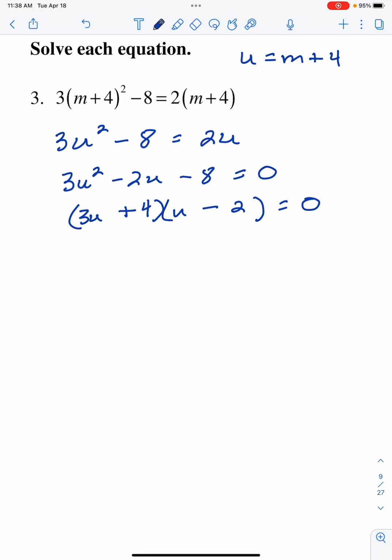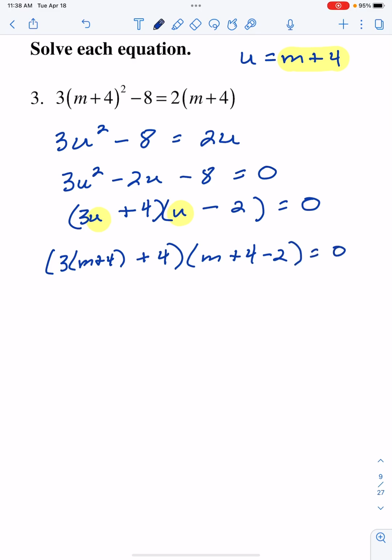Remember, this has to now go back in to where we see u. So we have 3 times m plus 4 plus 4, and m plus 4 minus 2 equals 0. So I'm going to distribute 3m. 3 times 4 is 12. 12 and 4 is 16.